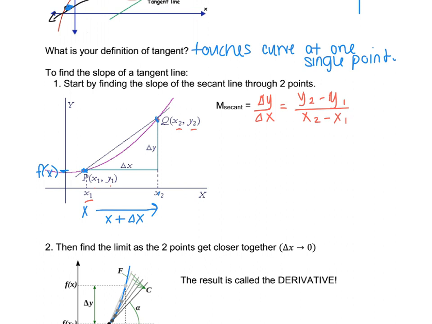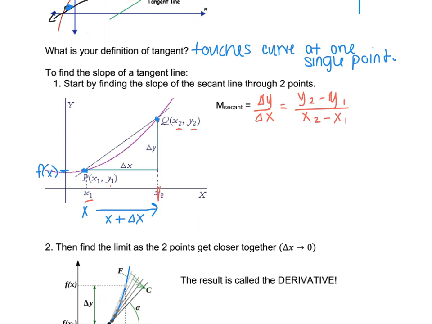And then this point right here, which we were calling x2, I'm actually going to call x plus delta x now, because I want to refer to everything in terms of x and delta x. We arrive at it by taking our x value and adding some change in x. So that gets us to here, which means this point up here is now f of x plus delta x. Let me notate that.